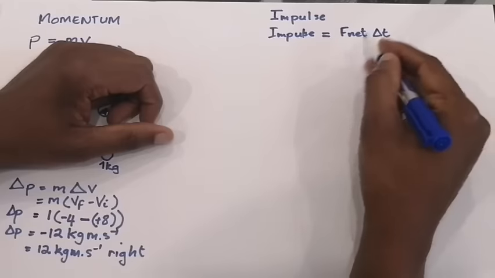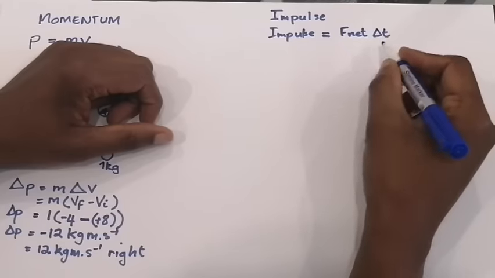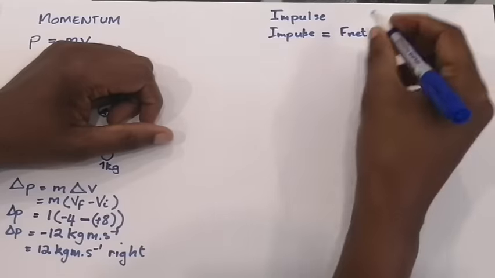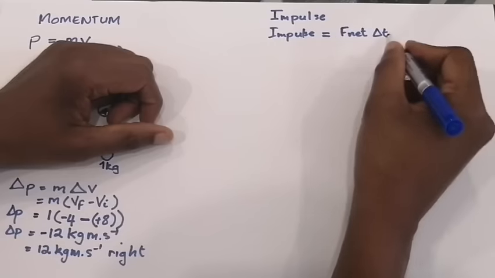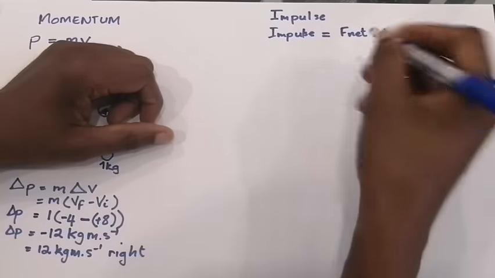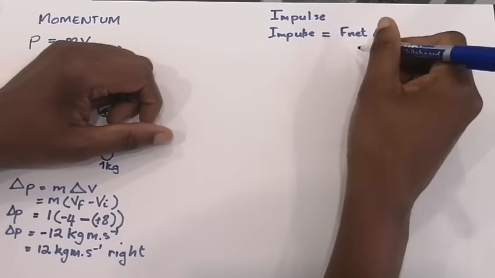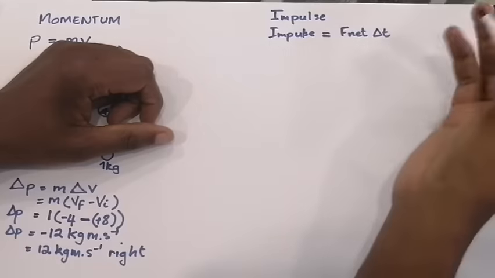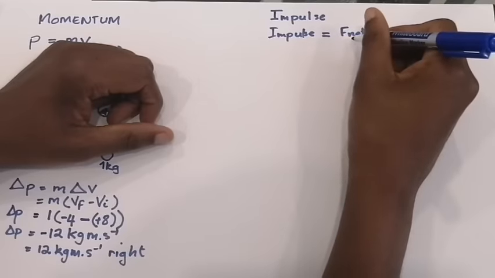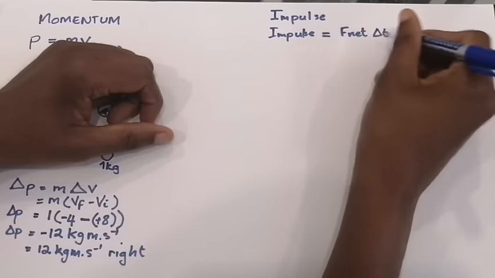But if we go back to Newton's second law, what we discover is that, if you remember, net force causes an acceleration. So we know that this is equal to ma multiplied by the time, right?